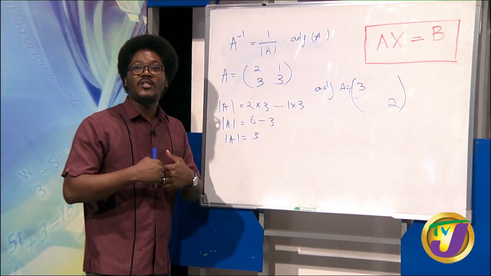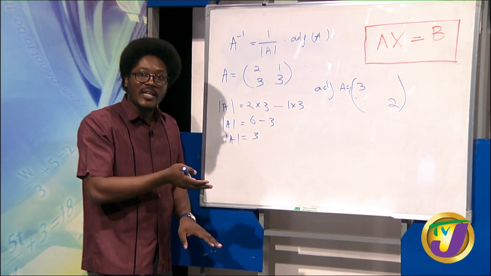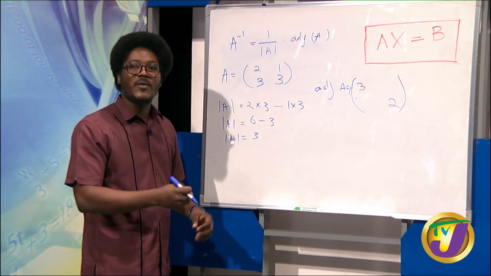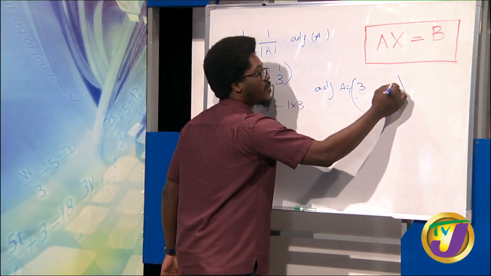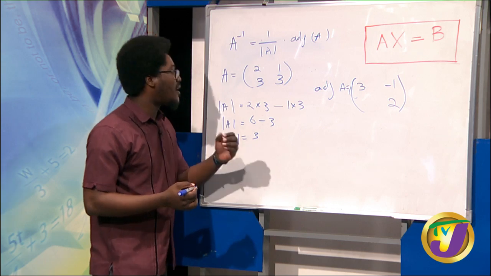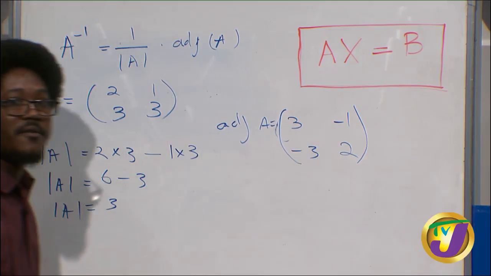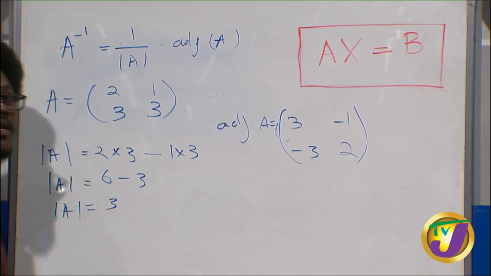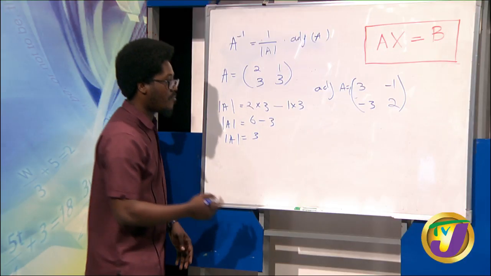And then we are going to negate the elements that are along the non-leading diagonal. And by negating, we simply mean we're going to multiply the elements by -1. So -1 times 1 gives us a product of -1, and -1 multiplied by 3 gives us a product of -3.